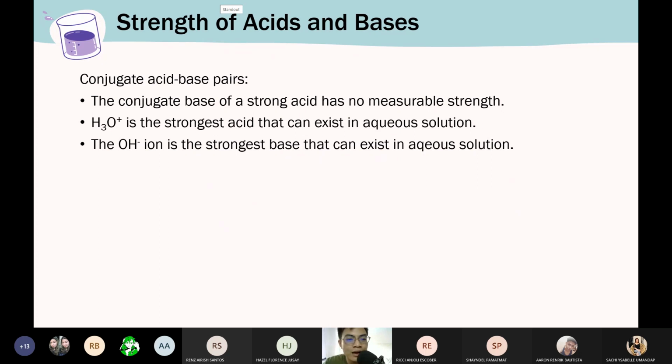And your conjugate bases don't have measurable strength because of the H3O+ product. So H3O+ is the main contributor to the acidity of the solution, and the same goes for OH-, as the contributor for the base. Our conjugate base systems have no contribution, because what accompanies them is stronger.